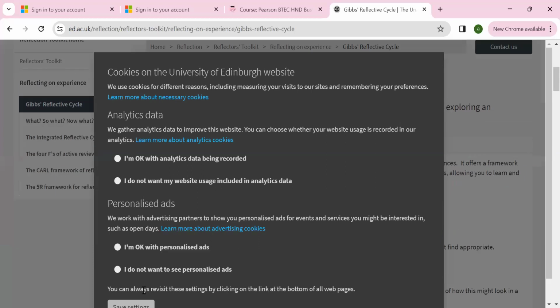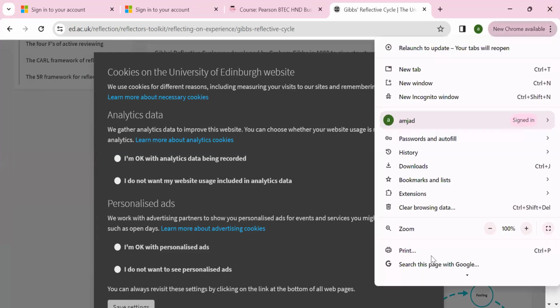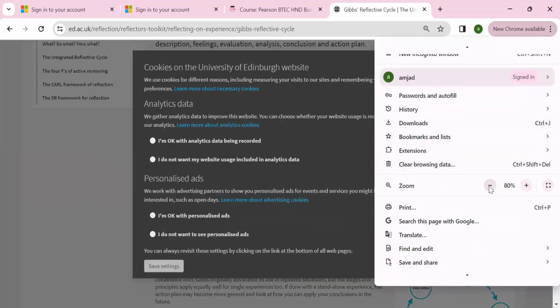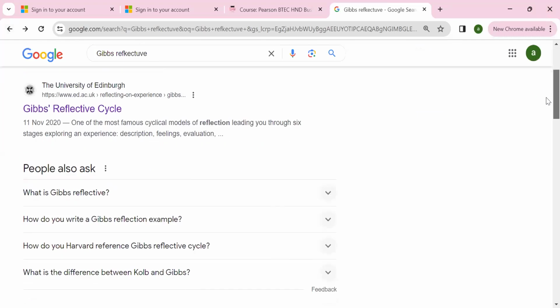We can look at it, it gives reflection. So it's good to explore Gibbs.